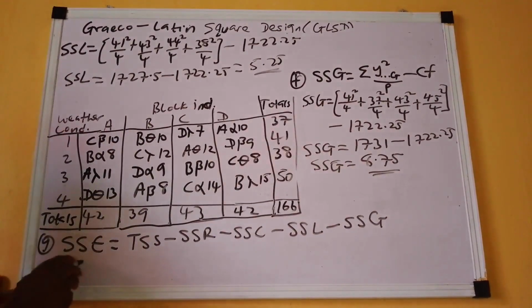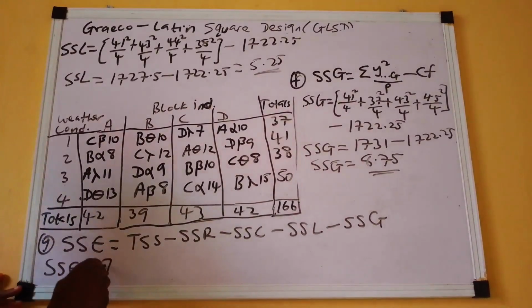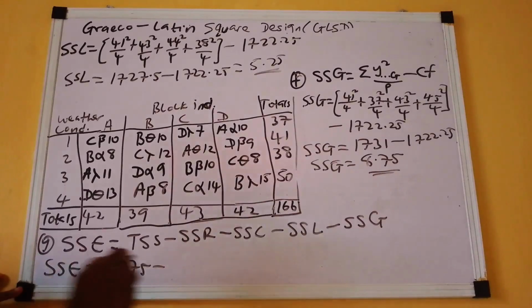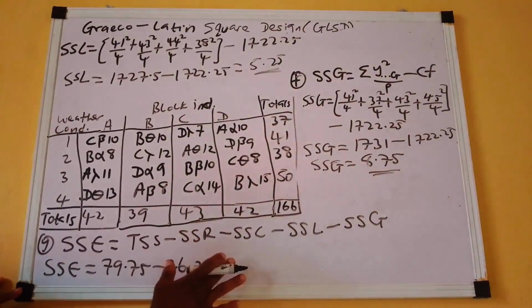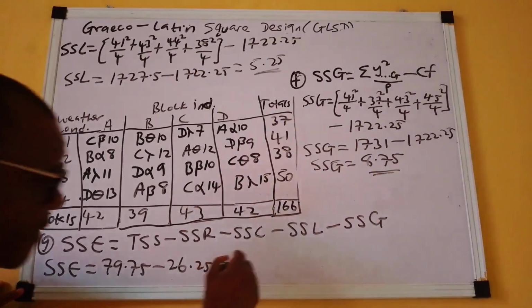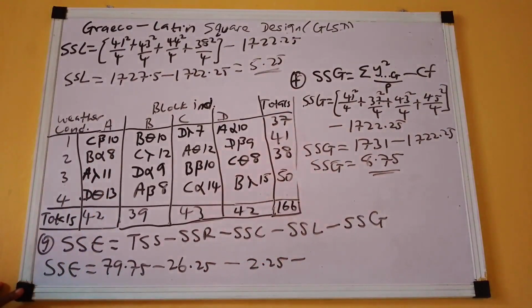Our SS error, we have our total sum of square from calculation is 79.75. 79.75 minus the sum of square for the row is 26.25 minus the sum of square for column. The sum of square for column is 2.25 minus the sum of square for the Latin letters is 5.25.